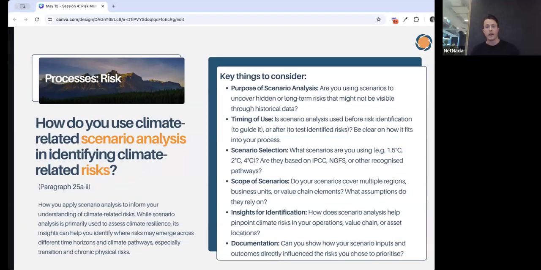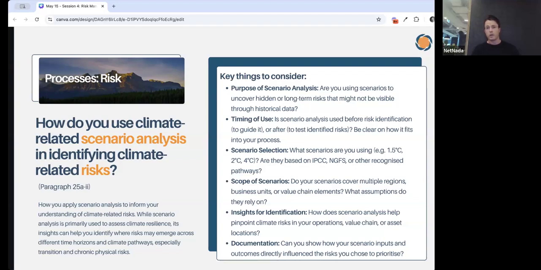Scenario analysis, and how we're applying scenario analysis. We're really just looking to clarify how we identify our risks. What are the assumptions that we're using, and what are the areas that we've been including? This will reveal different things about how we shape and consider risk in our risk matrix, and ultimately what ends up in our risk register.